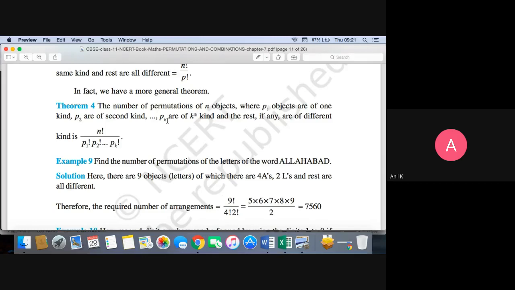It should be less than n again. Then p1 factorial into p2 factorial into p3 factorial till pk factorial. So they have to be multiplied, not added.